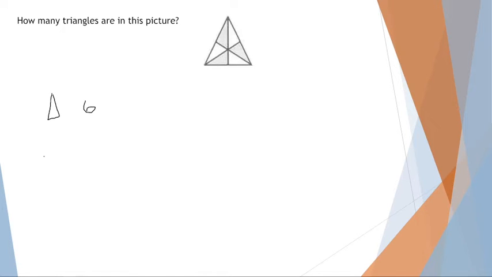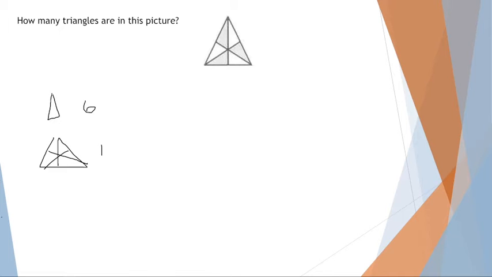There's one big triangle, which is the whole figure. That is a total of 7 triangles. Is there any more?